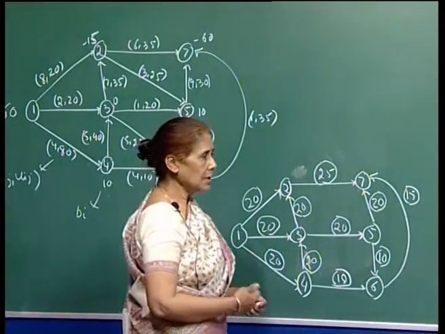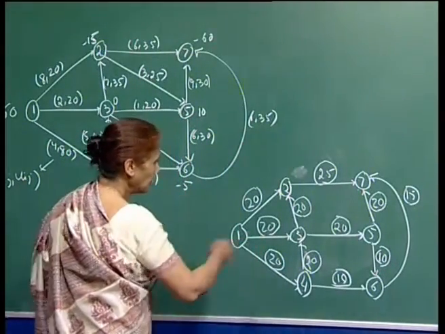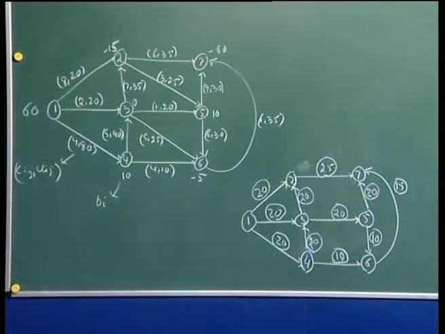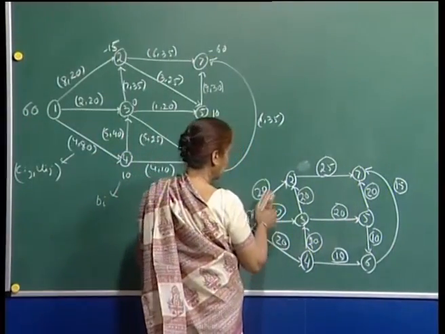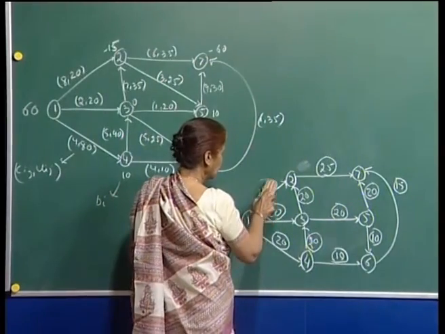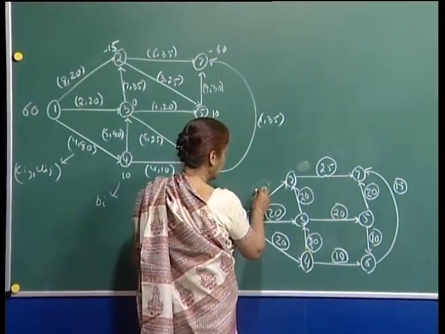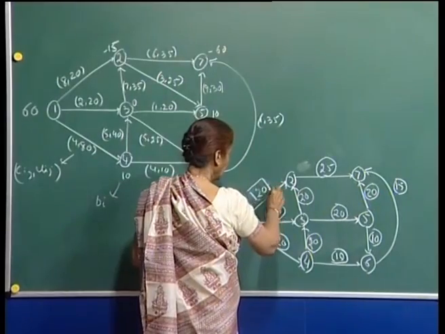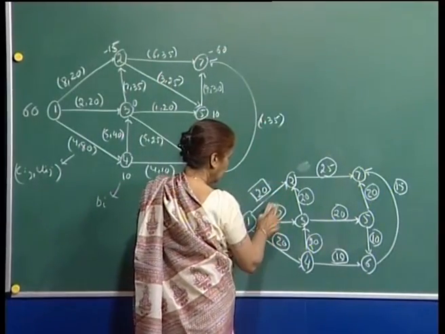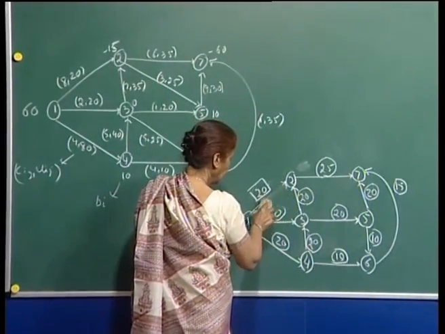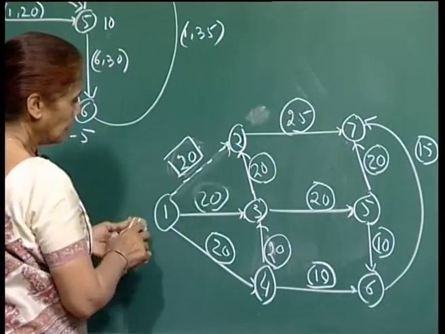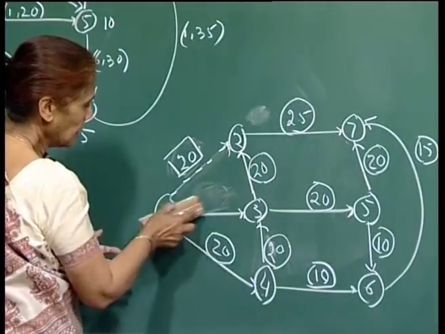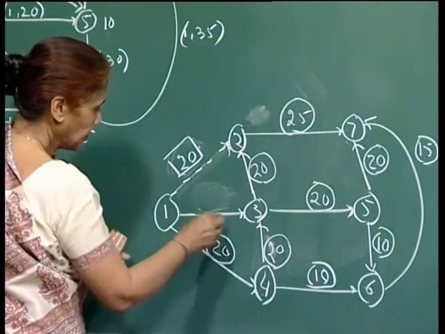Remember, the idea is that I just want to have how many nodes are there? 7. So I should have 6 arcs which are in my basic, which form my basic tree. So instead of this, I'll put a square to indicate this, and I'll write a broken arc to indicate that it's not a part of my basic tree.